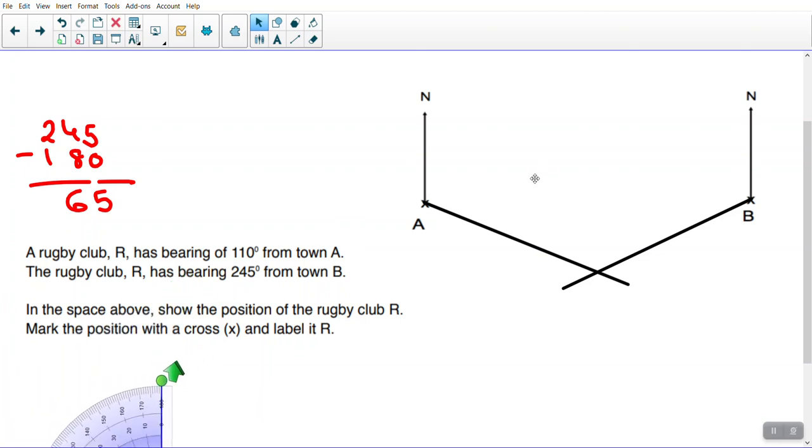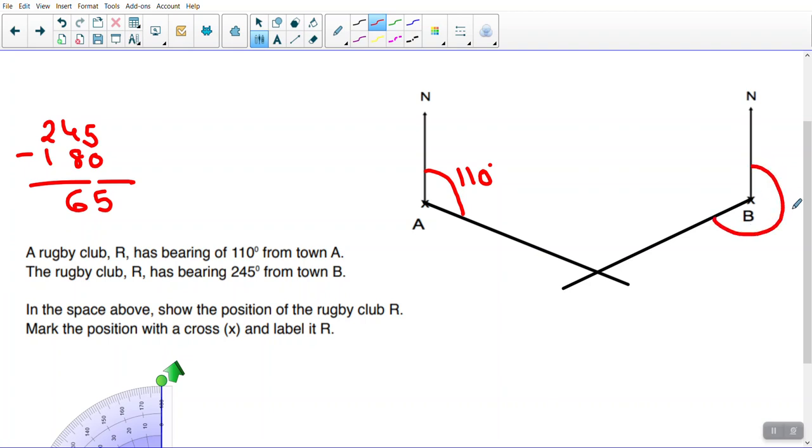Okay. So now let's label the diagram. So it is at a bearing of 110, which is what we drew here. So this is 110 degrees. And then the rugby club R has a bearing of 245. So 245 from the north all the way to here, that's 245 degrees.